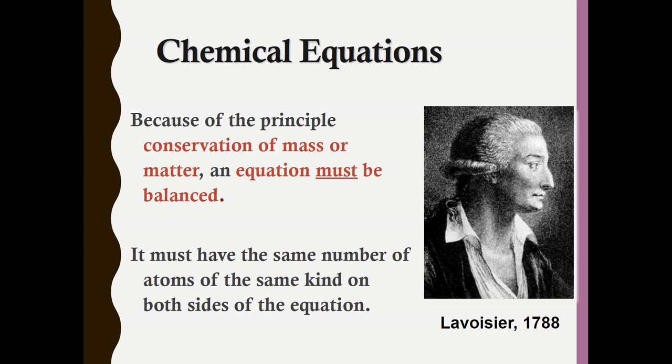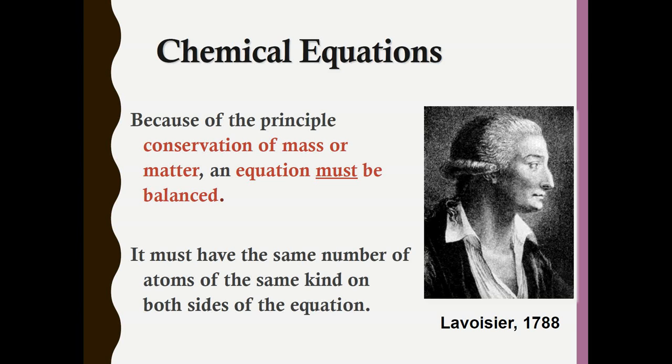Remember from the previous slide when we said conservation of mass or matter? It's the principle that was discovered by Lavoisier, who said that, like energy cannot be created nor destroyed, the law of conservation of mass or matter tells us that in any chemical reaction, matter is neither created nor destroyed.